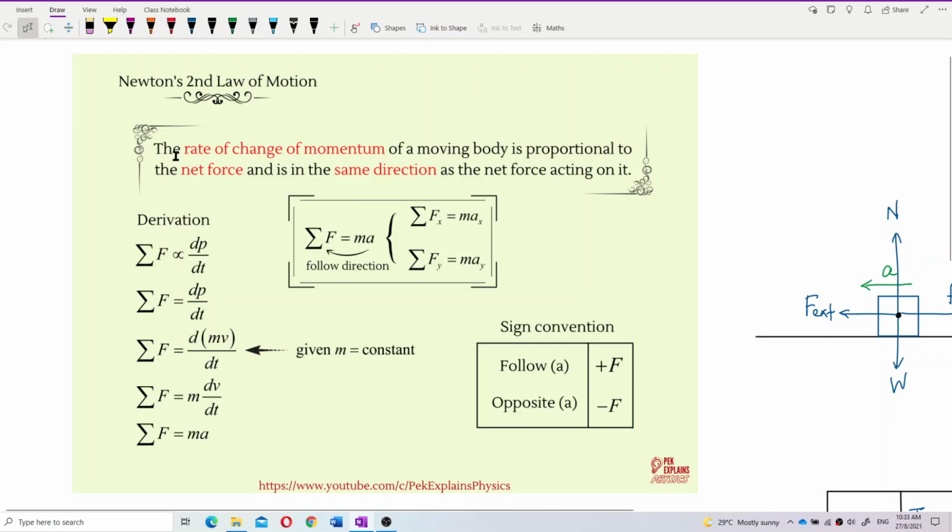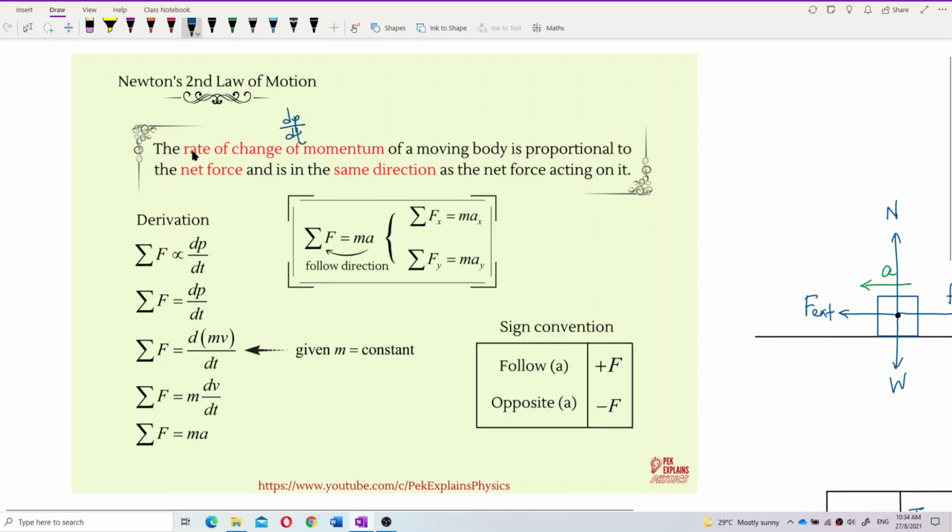Now go deeper into the definition of Newton's second law of motion. The rate of change of momentum of a moving body is proportional to the net force and in the same direction as the net force acting on it. First of all, what is the rate of change of momentum? It is actually dp over dt.